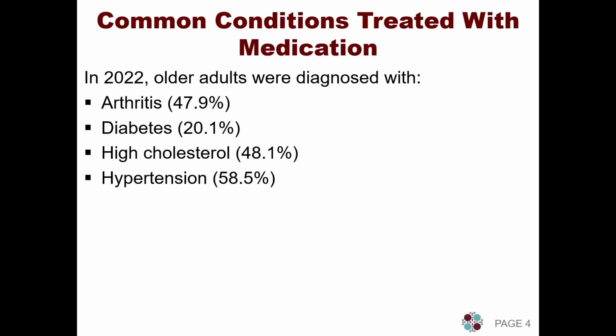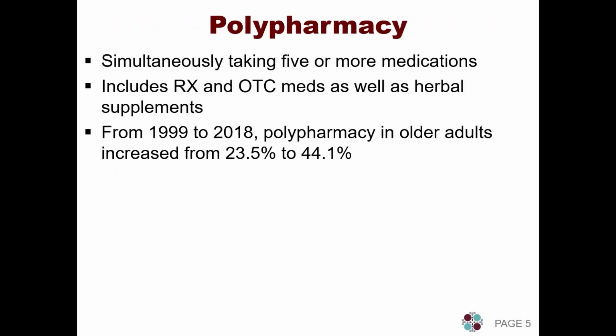So even if you're not seeing a list of all the medications your clients or the individuals you serve may be taking, if you know that they have one of these health conditions, just know that medication is a common form of treatment. And so addressing medication management and asking how they're managing their medication is going to be very important. Next slide, please.